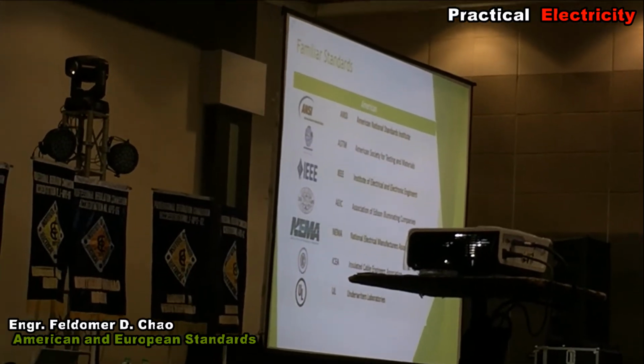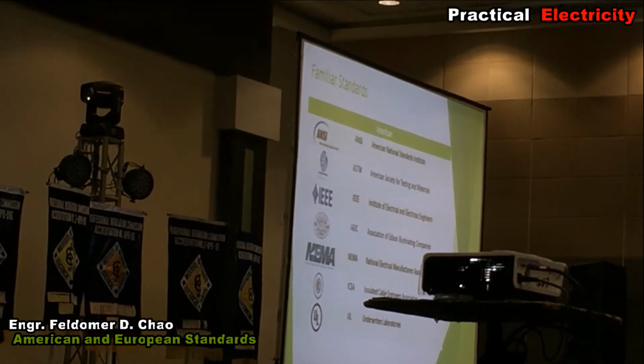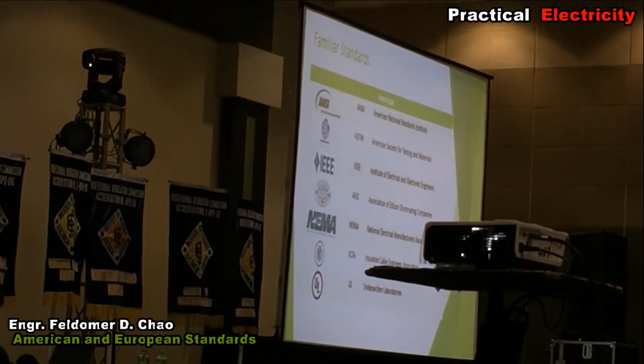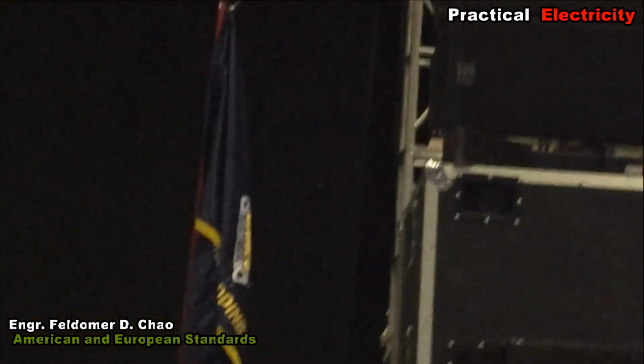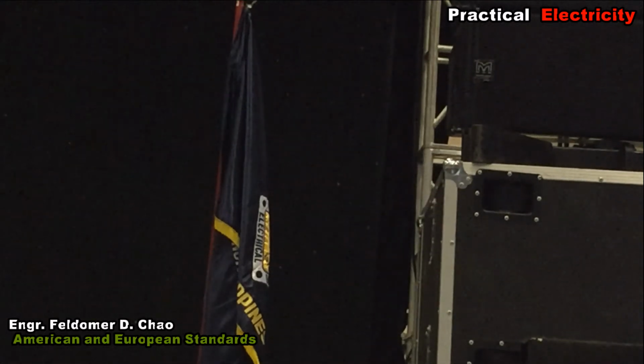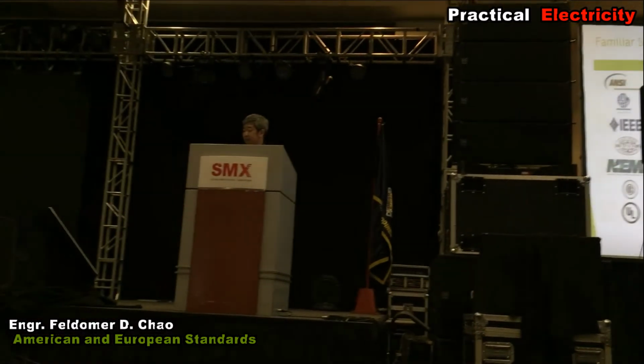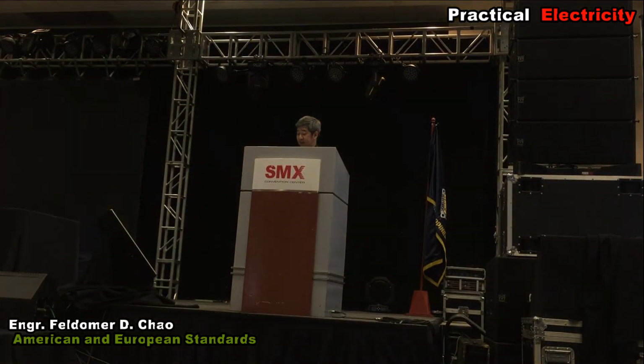The AEIC, the Association of Edison Illuminating Companies. This is more of the utilities from the United States. And you have NEMA, the National Electrical Manufacturers Association. This is more on the manufacturers from the United States.